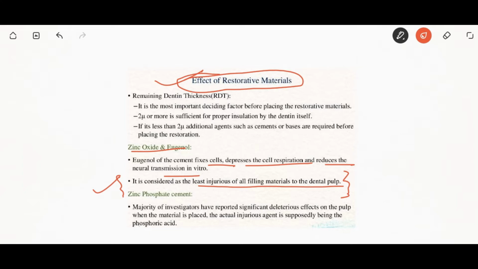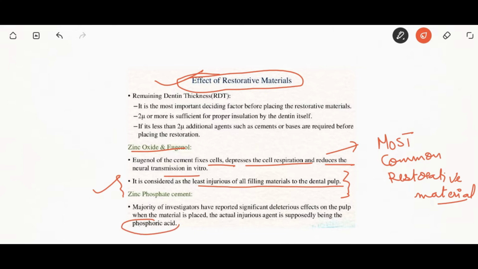It is seen that zinc oxide eugenol is the least injurious of all filling material to the dental pulp. It has a sedative effect on mildly damaged pulp, as it inhibits the synthesis of prostaglandin and leukotrienes. So which material is preferred for over-injured pulp or as a base in deep cavity preparation? We can use zinc oxide eugenol as a material of choice.